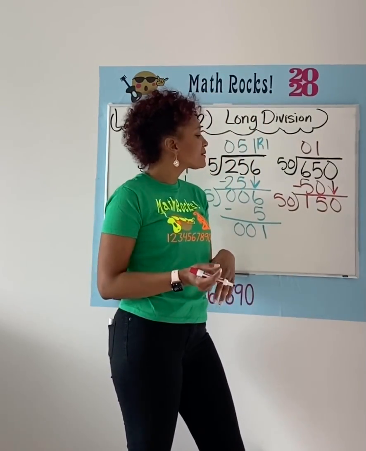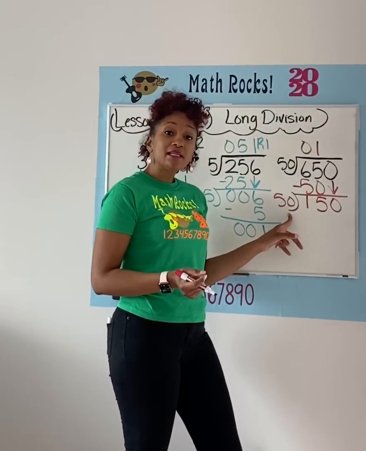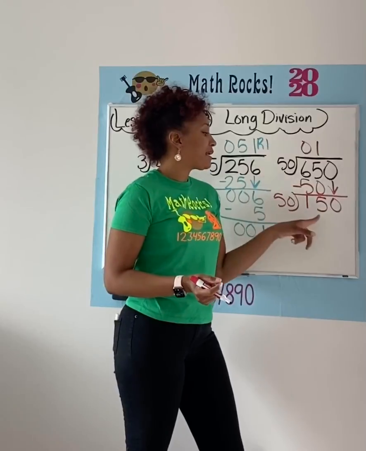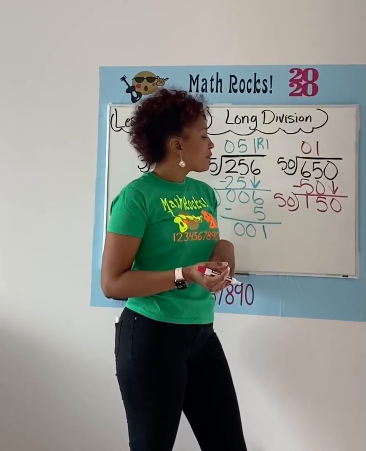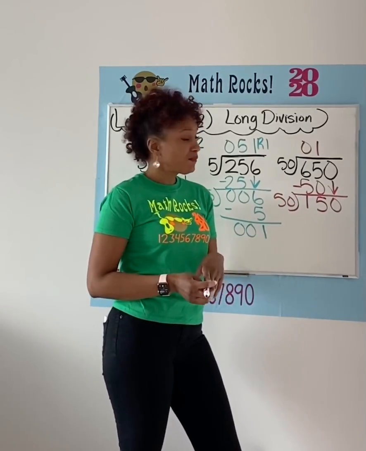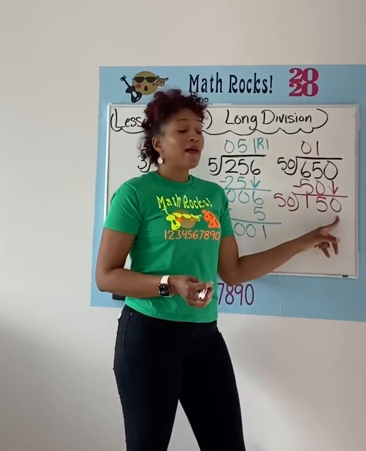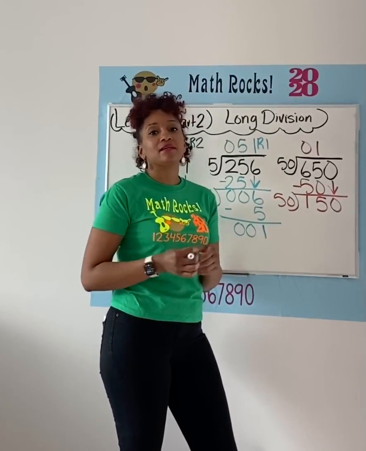So then you ask yourself, 150 divided by 50, or how many groups of 50 can I make out of 150? With this one in class, I would ask students to think of it in terms of money. So if this was $1.50, how many groups of 50 cents can you make out of $1.50?